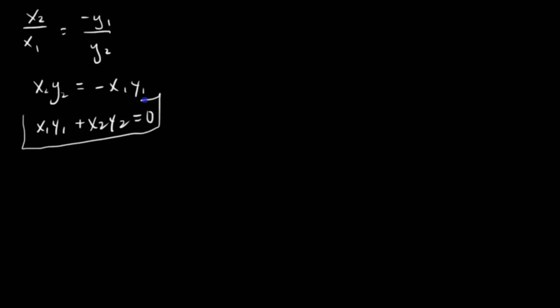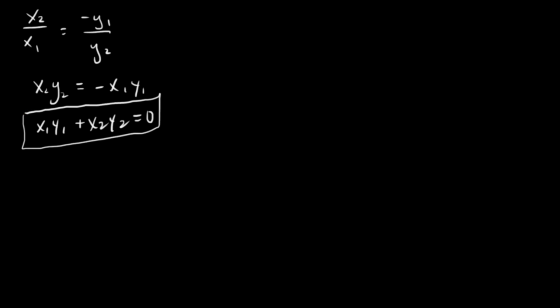So let's multiply this out. What do we get? We get x2 y2 equals negative x1 y1, and then I'm just going to put everything on the other side. So x1 y1 plus x2 y2 equals 0. And this is very important. Why is this important?